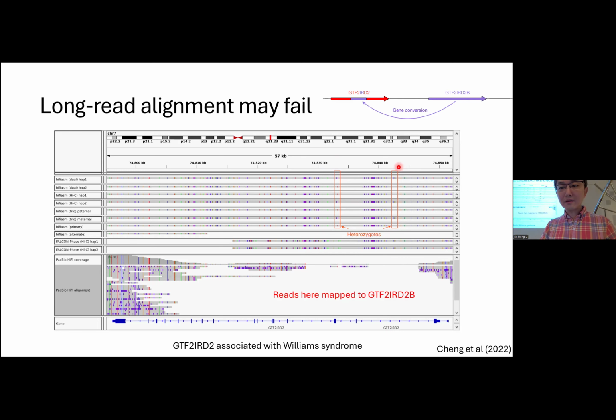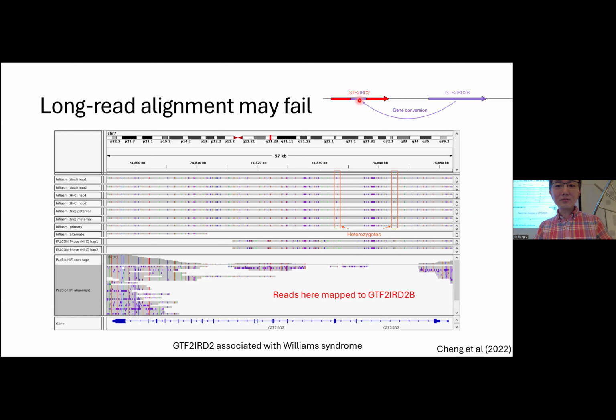What's happening here is that the GTF2IRD2 gene has a very close homolog downstream. For this particular sample, there's a non-allelic gene conversion. The typical gene conversion happens between haplotypes, but in this case it happens between the two copies of the gene, so this part overrides the region in the middle.